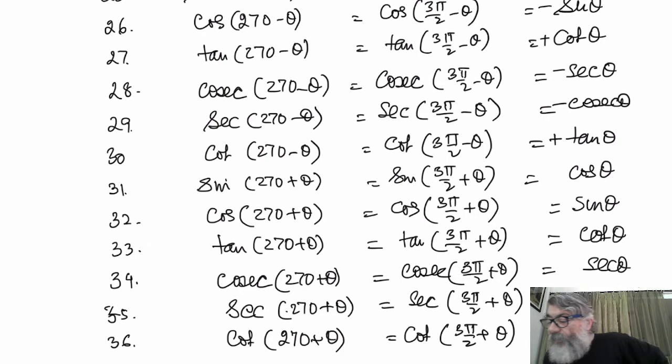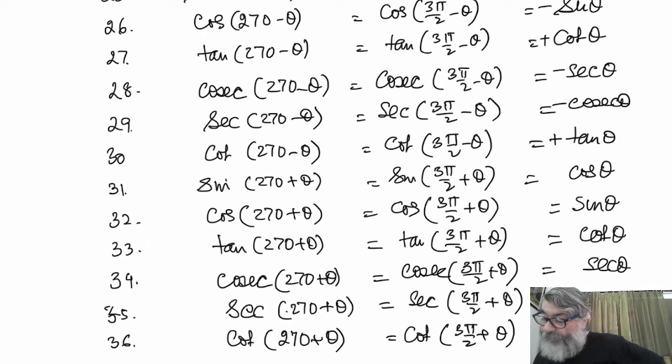And it is 270 plus theta, that means it is coming into the fourth quadrant. Plus theta, 270 plus theta, fourth quadrant. In the fourth quadrant, cos and sec are only positive. Cos and sec are positive. Just let me see. We are decided by the left hand side.